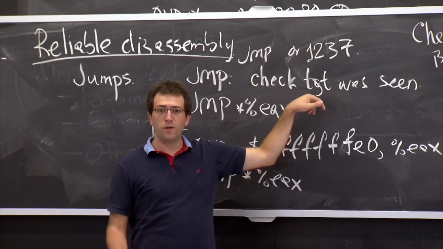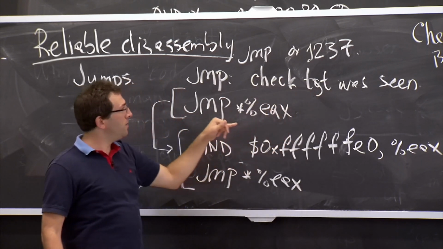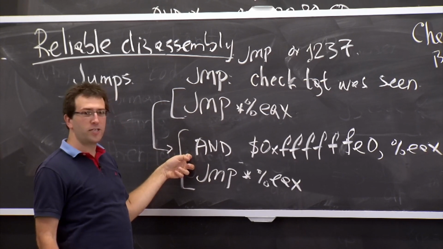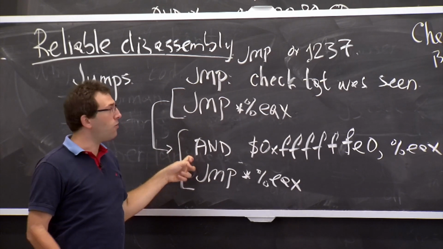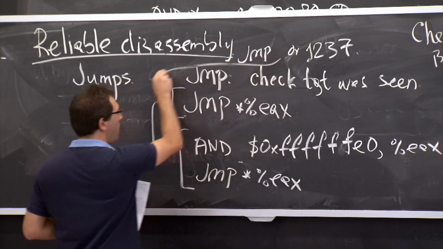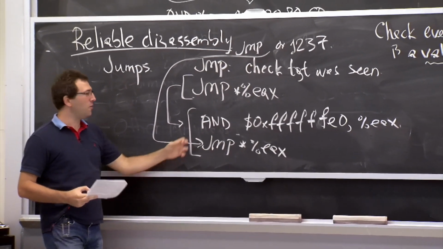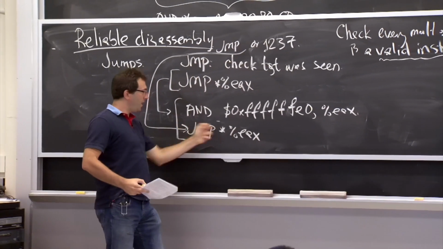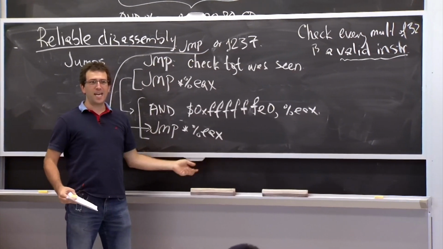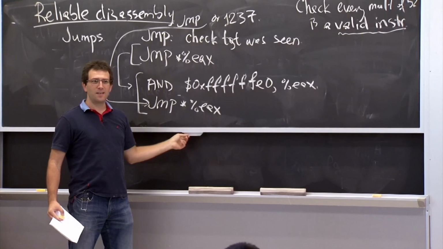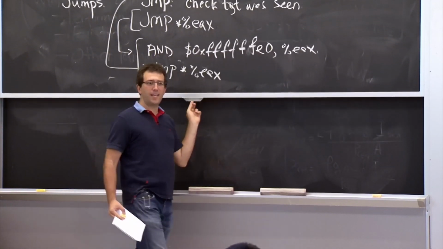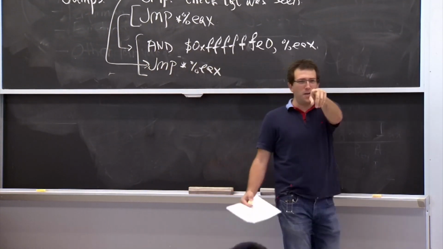So could I put in this very nicely checked indirect jump, and then later in the code jump to the second instruction in that sequence? Then I'll load something into EAX, jump here, and directly jump into this unsandboxed address. That would violate the security, right? Everyone sees that? So how is this avoided?